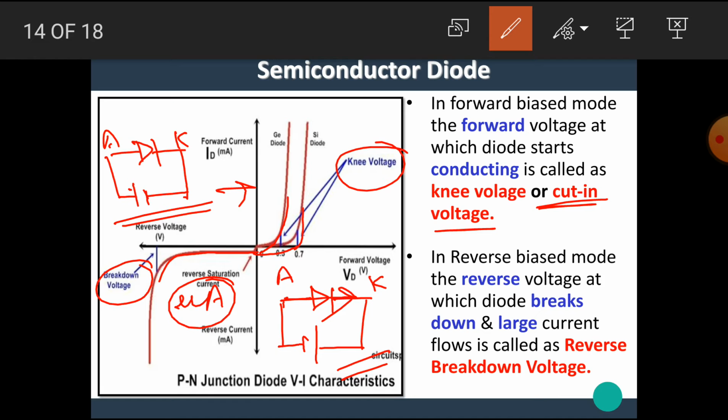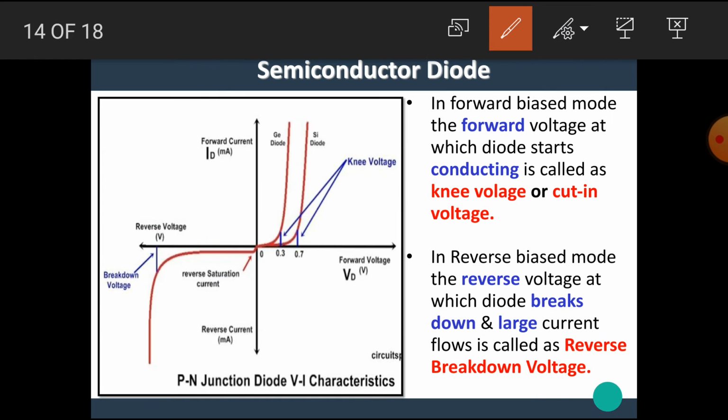I hope you all understand the concept of the VI characteristics of the PN junction diode. Let's see the definitions of the knee voltage and the reverse breakdown voltage once again. In forward mode, the forward voltage at which the diode starts conducting is called the knee voltage or cut-in voltage.